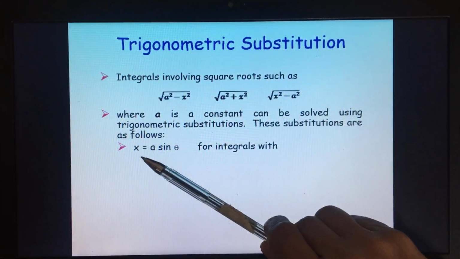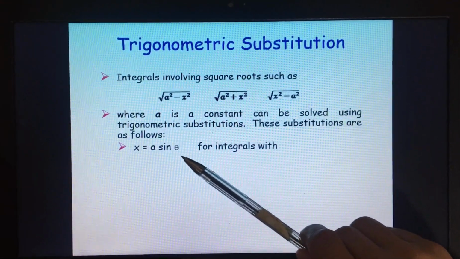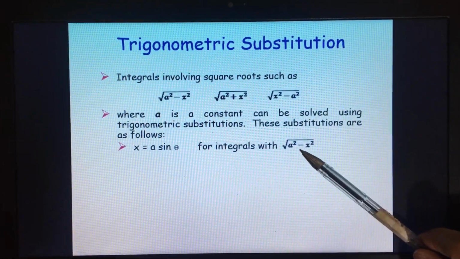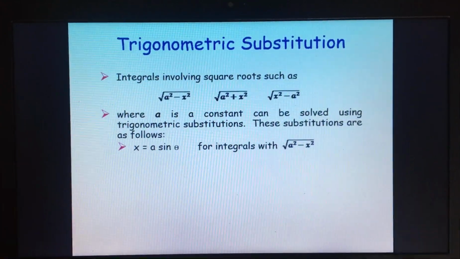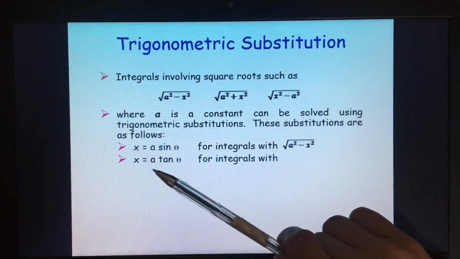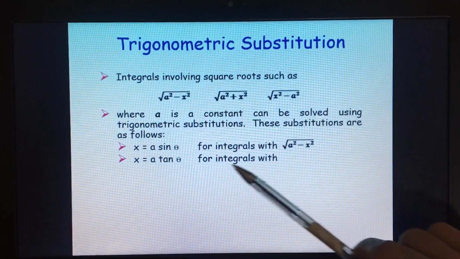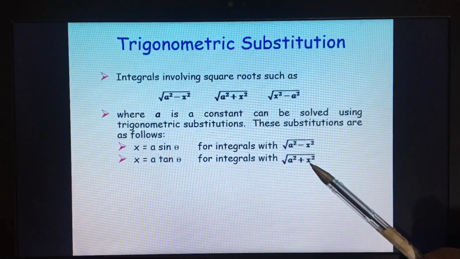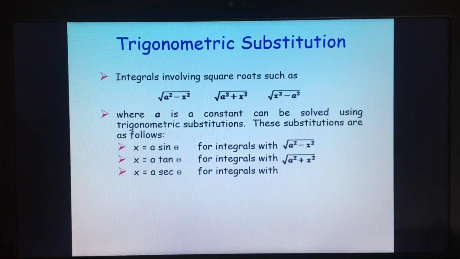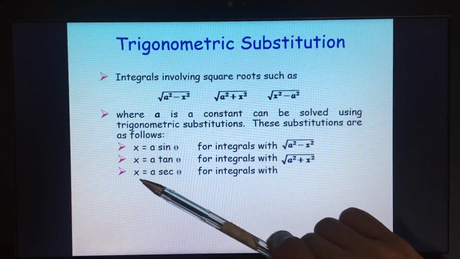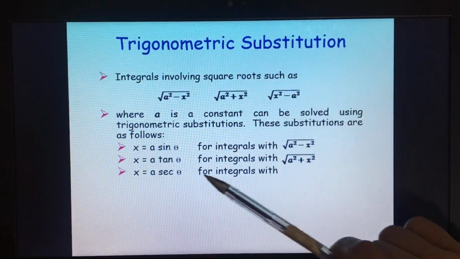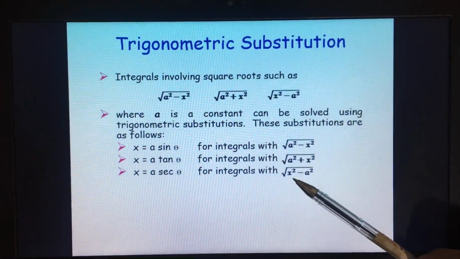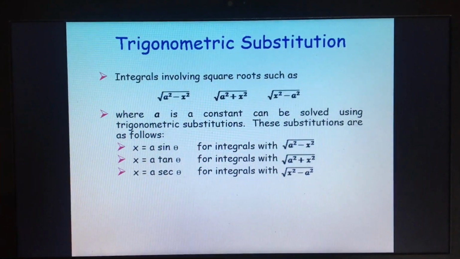We need to use x equal to a sine theta for integrals with the square root of a squared minus x squared, and x equal to a tangent theta for integrals with the square root of a squared plus x squared. And we can use x equal to a secant theta for integrals with the square root of x squared minus a squared. Okay?